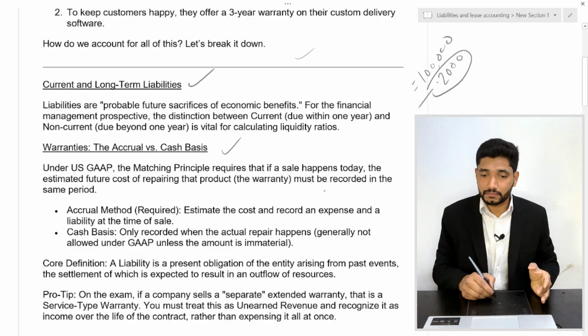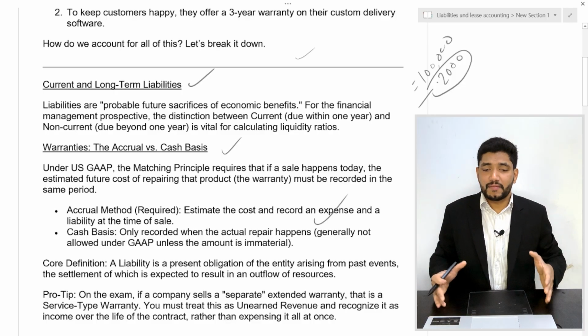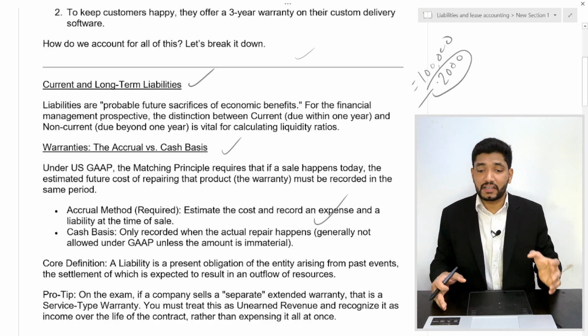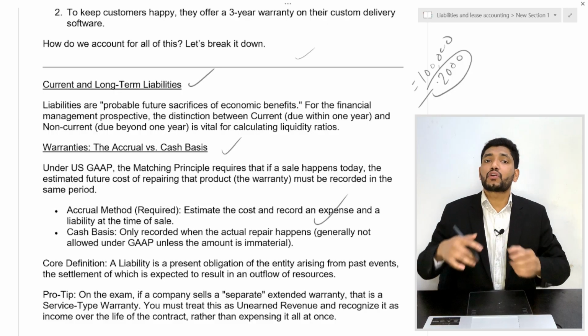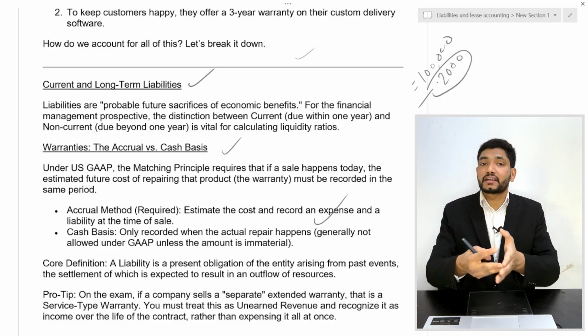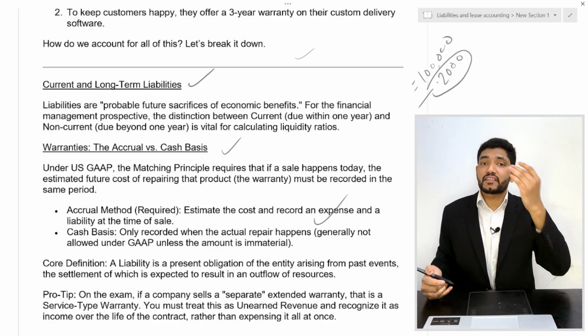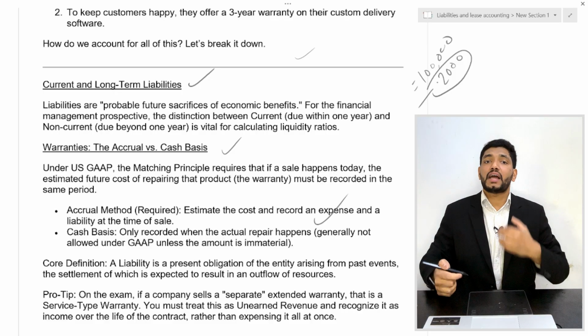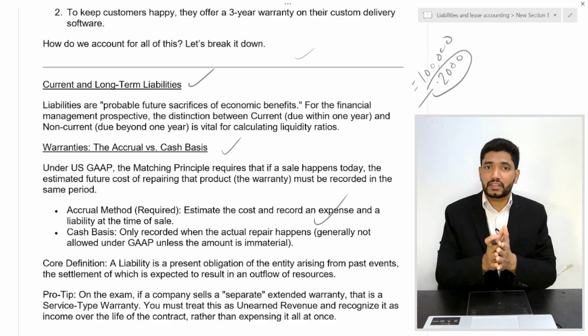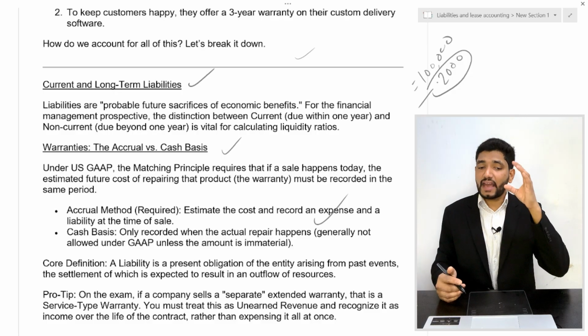That is the accrual method. That means we are estimating that cost and recording an expense and a liability at the same time of sales. We are not waiting to get a return from the customer. Once you make the sales, in the same period you are creating an expense and a liability to match with the matching principle, that is the accrual method.